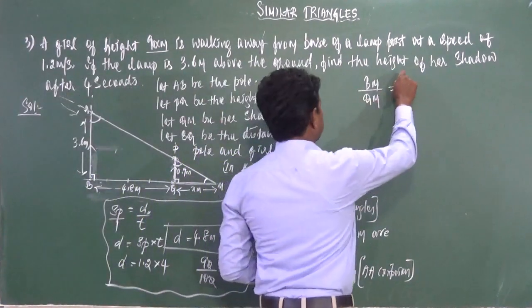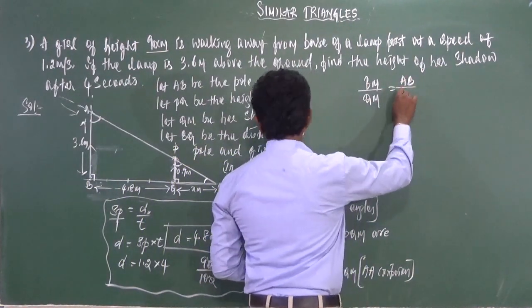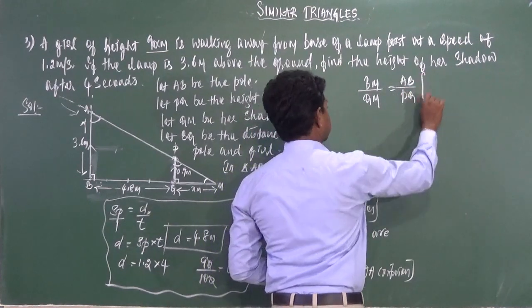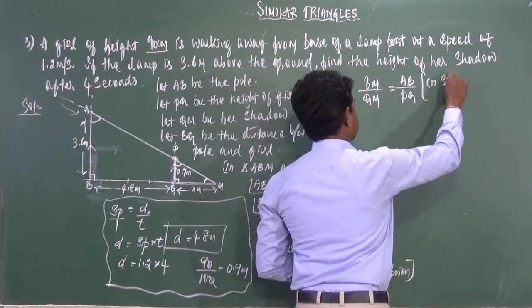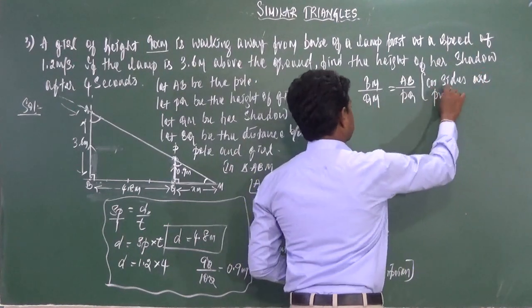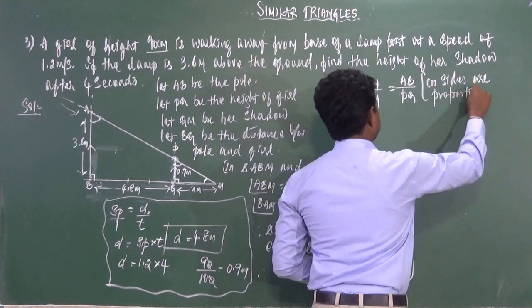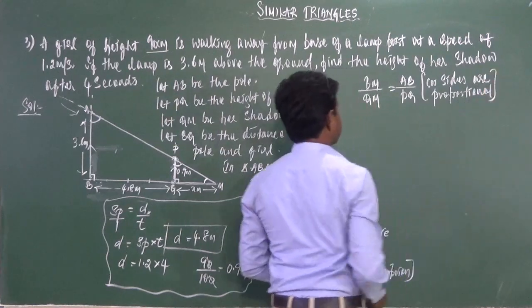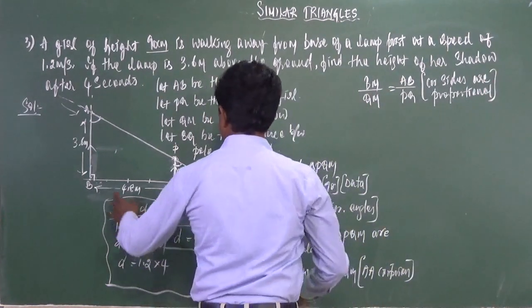So BM by QM is equal to AB by PQ. The reason is corresponding sides are proportional.